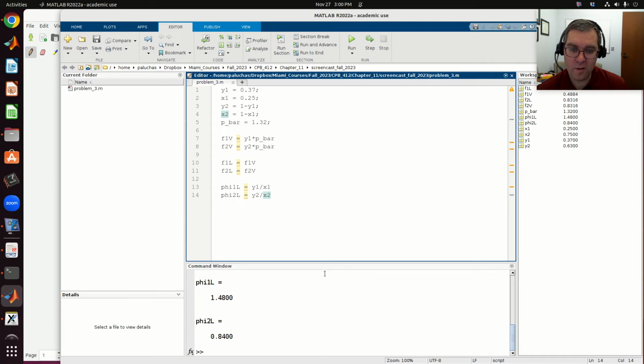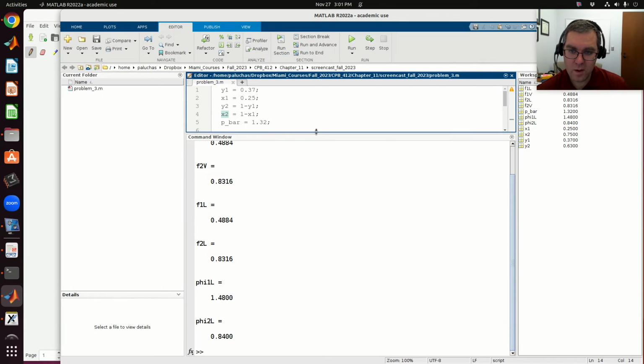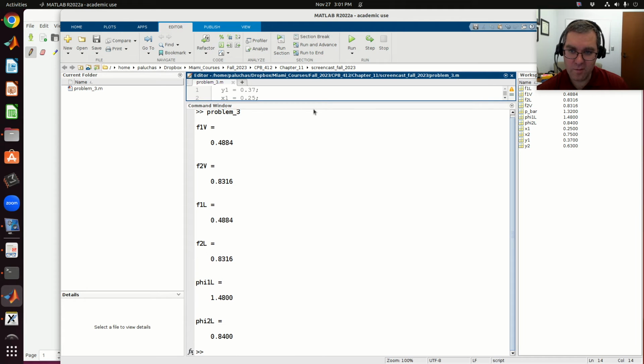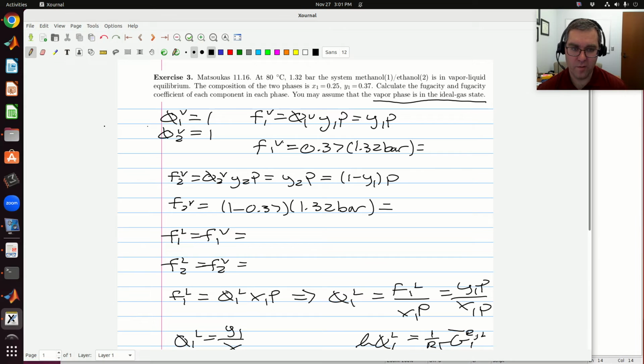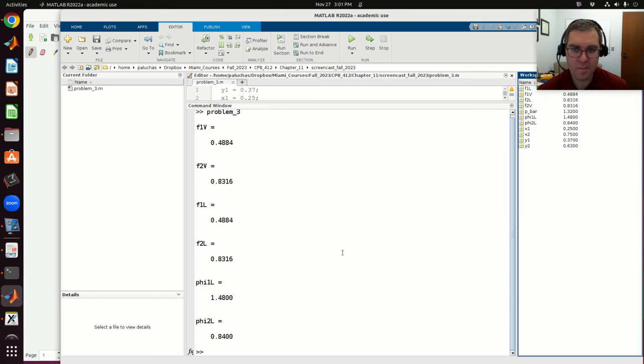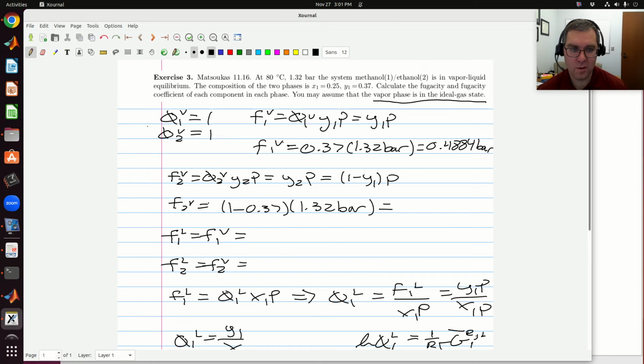So if I save that and run, I can fill in all my values. f1V was 0.4884 bars. f2V was 0.8316 bars.